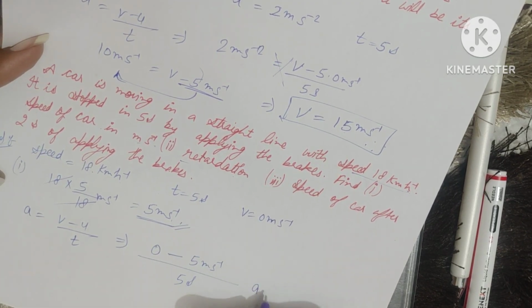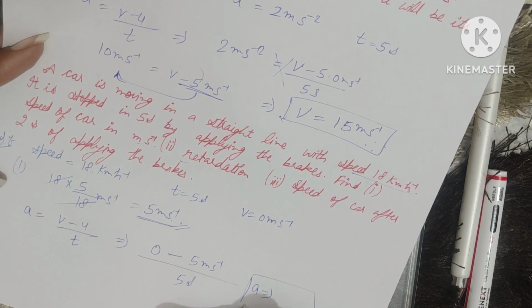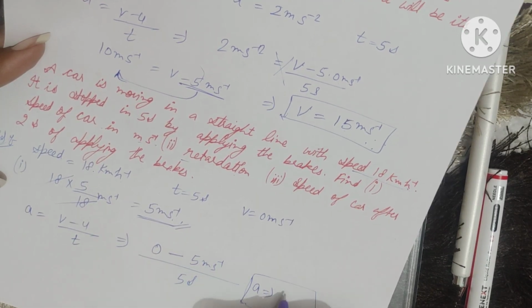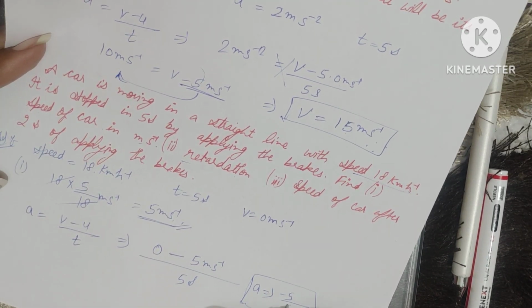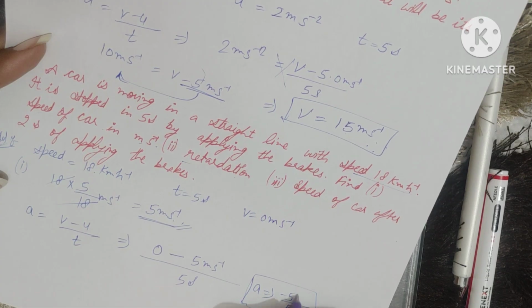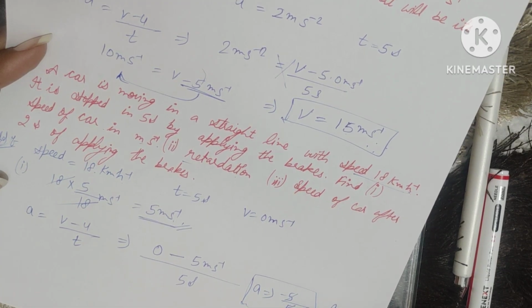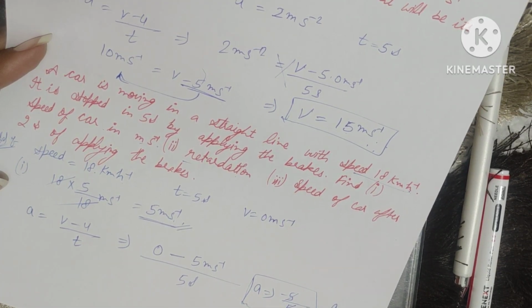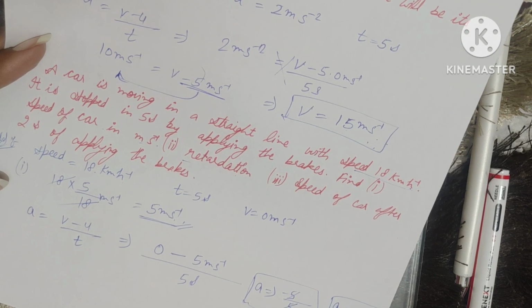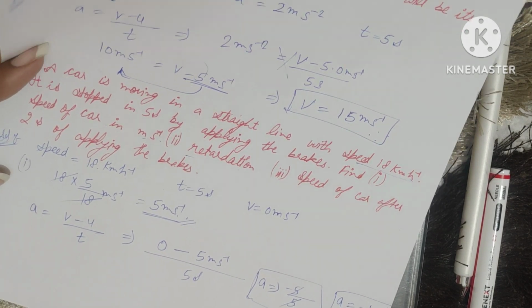It means a is equal to minus 5 by 5, so a is equal to minus 1 meter per second square. This is the answer for the acceleration.